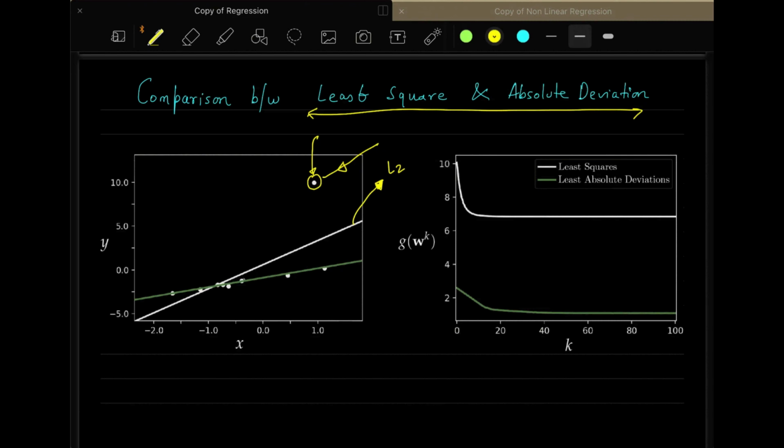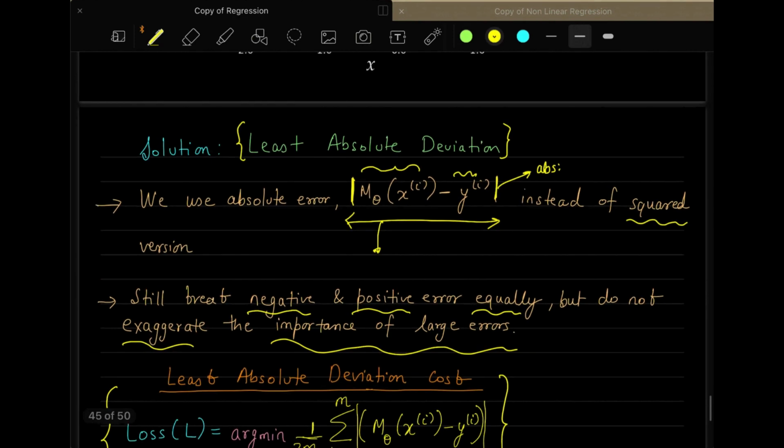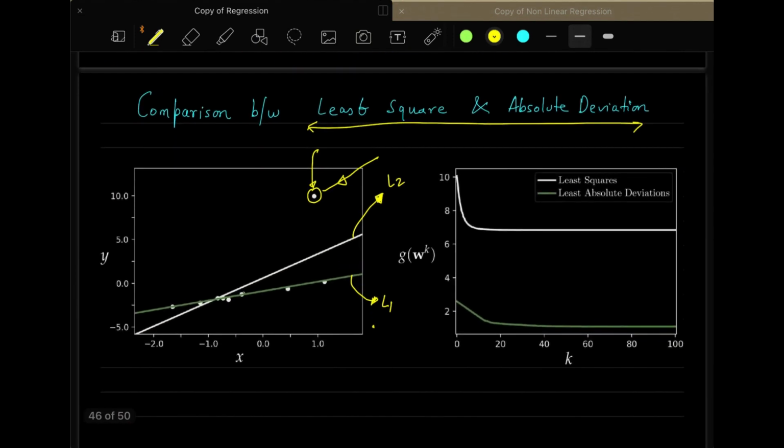So your line changed. Whereas the green line is the L1 loss, the one which I am discussing here, the least absolute deviation. Sometimes it is also called L1 loss because you are taking the absolute value of a quantity. That's why I wrote L1 there. The green one is the least absolute deviation plot, and you can see it is not affected by this outlier at all, because it is treating this difference without a square.